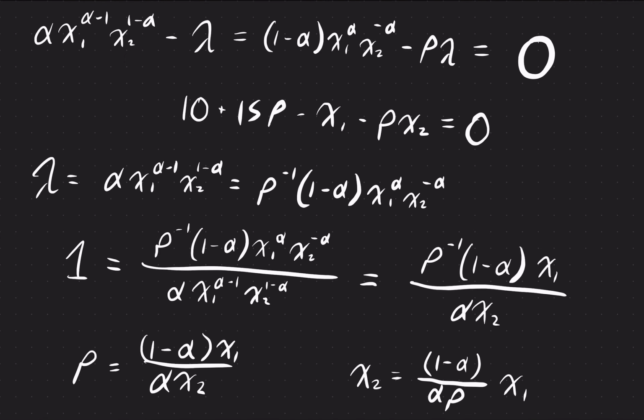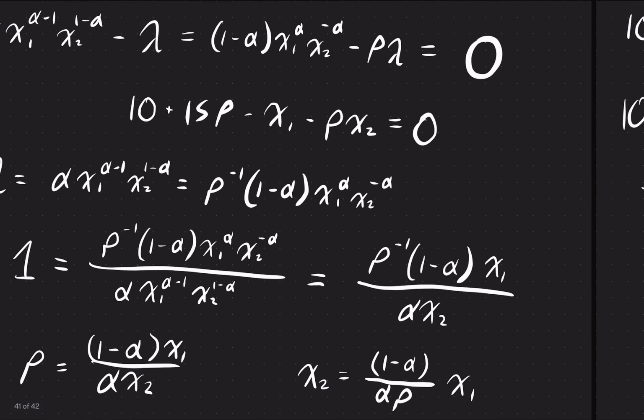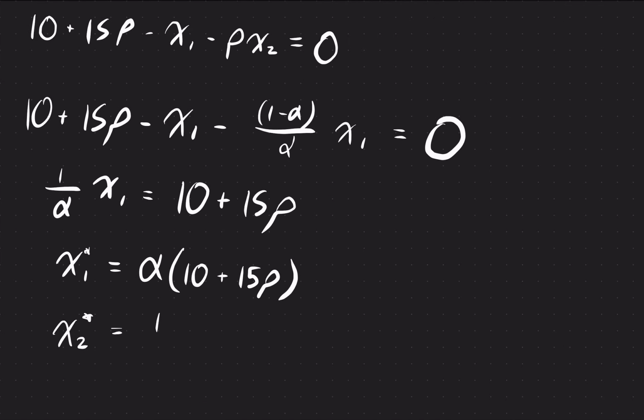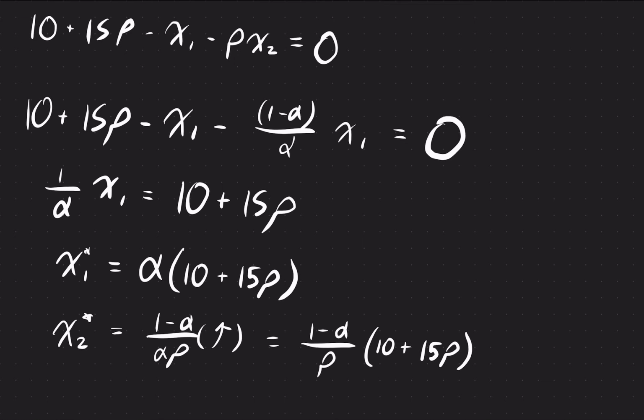So x2 equals 1 minus alpha over alpha rho times that guy, which is going to be equal to 1 minus alpha over rho, 10 plus 15 rho, so I can cancel these two and put another rho right here. There we go.